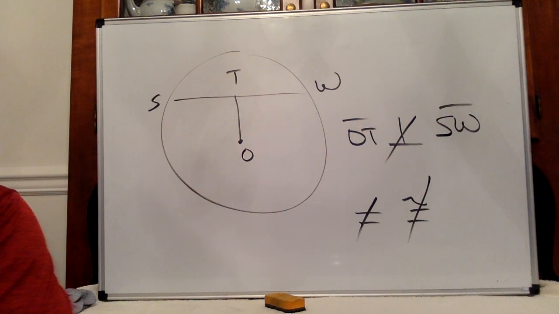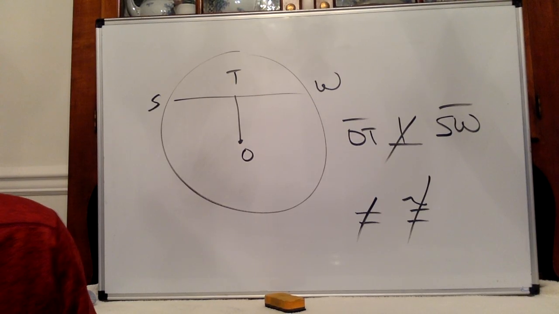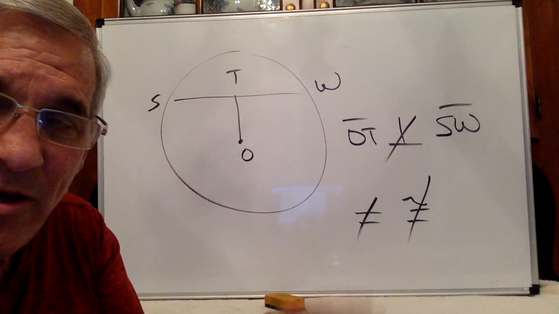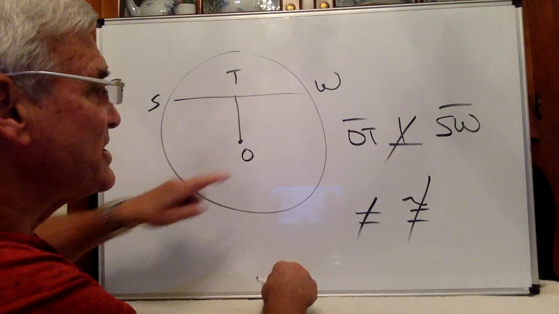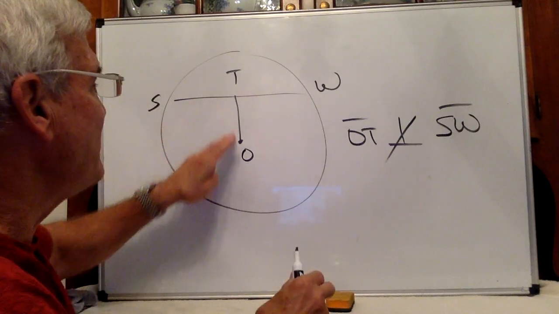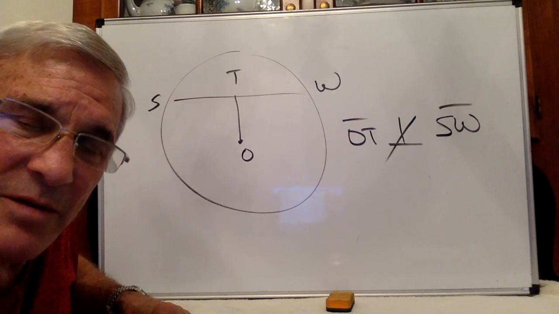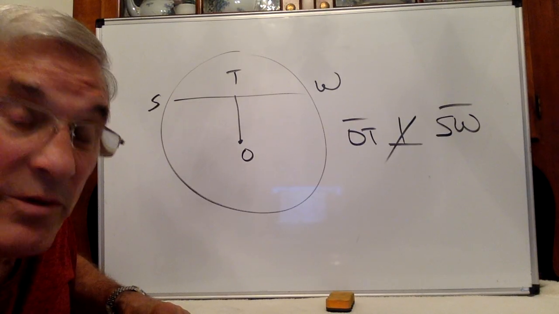Since OT is not perpendicular to SW, in this figure, I cannot say that any angles are right angles. Since again, if OT is not perpendicular to SW, that means they do not intersect at right angles. They do not intersect forming right angles.